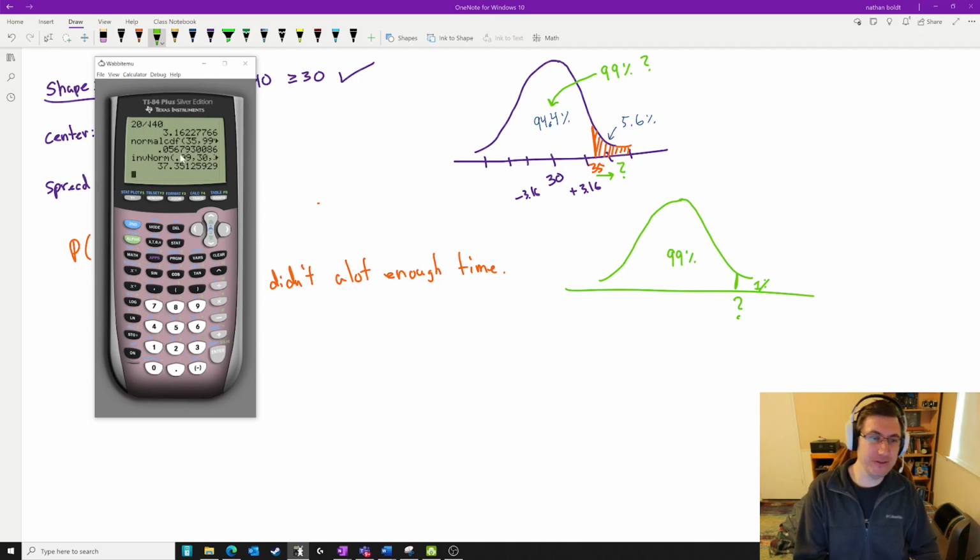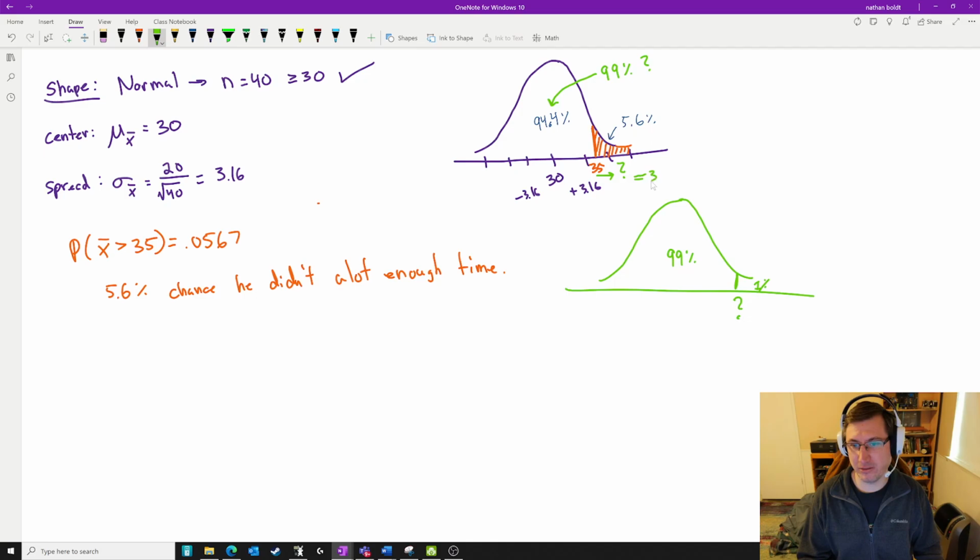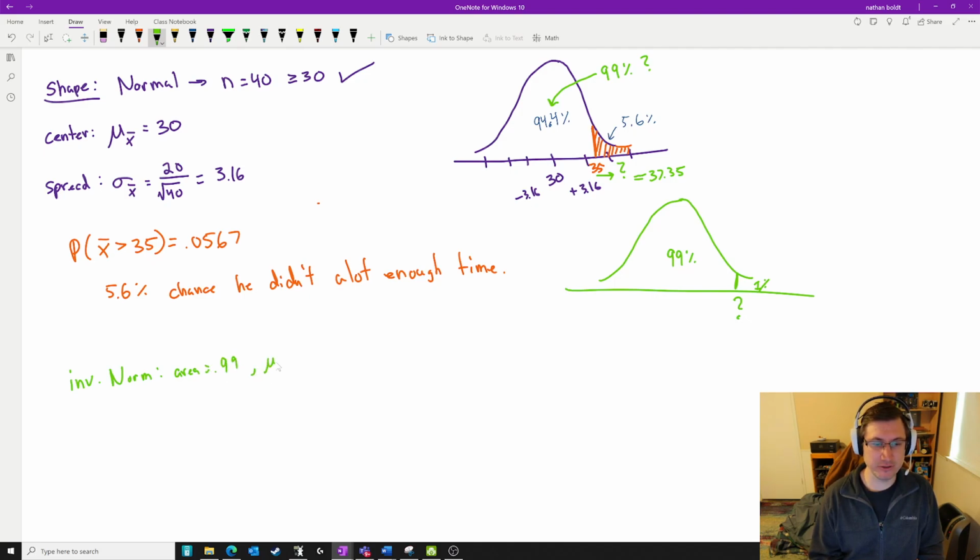So 37.35. All right, so we use inverse norm. Area equals 0.99, and then the average, 30, and the standard deviation was 3.16.